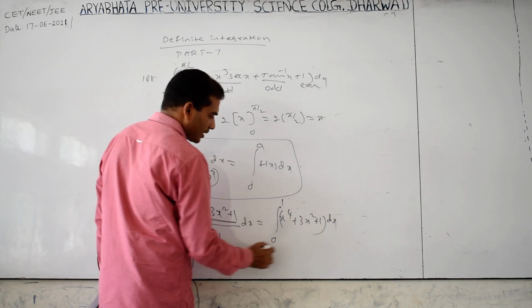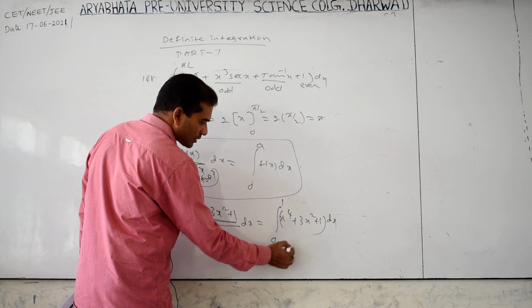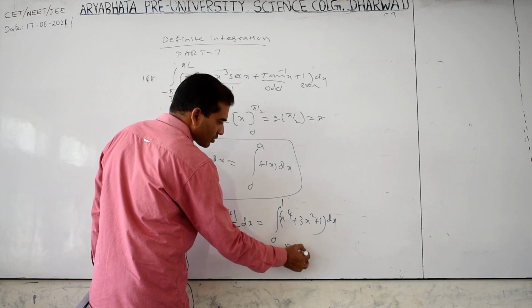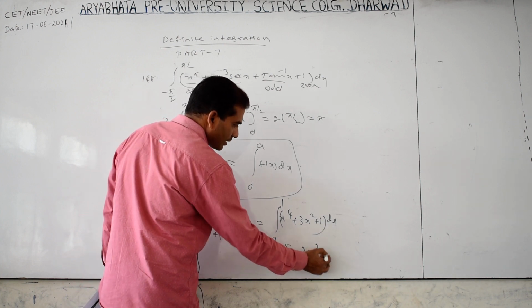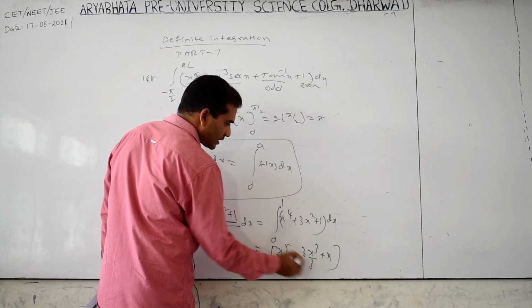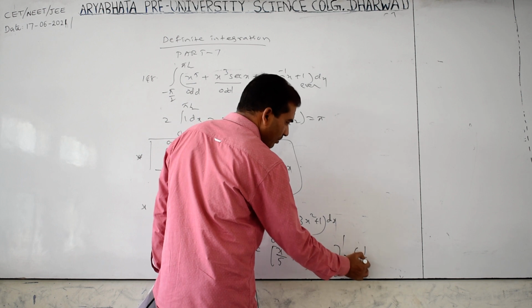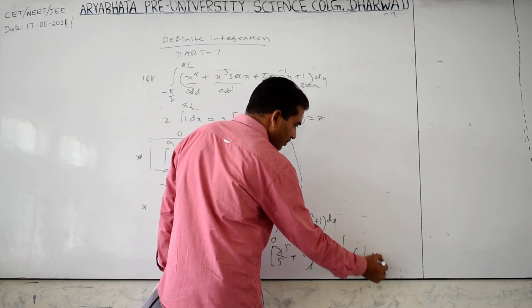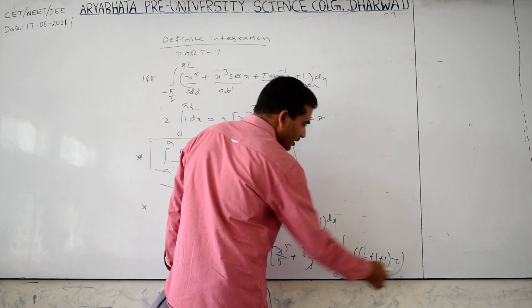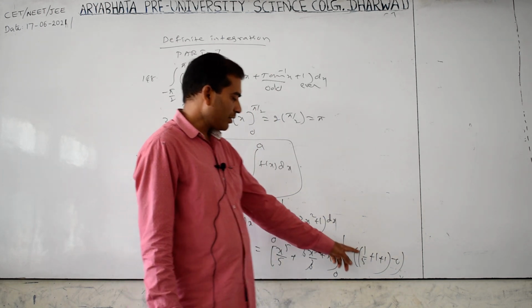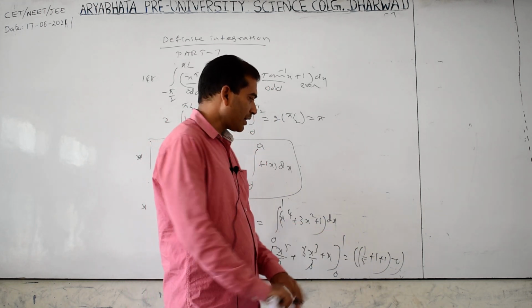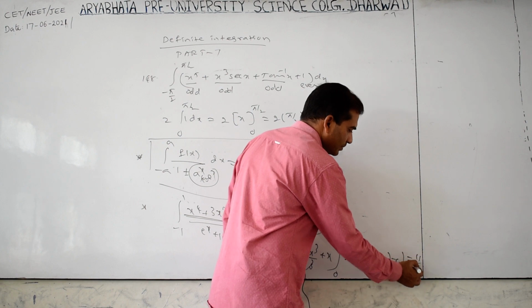A shortcut here. X power 4 integrates to x power 5 by 5, 3x square integrates to 3x cube by 3, plus 1 integrates to x, limits 0 to 1. Upper limit: 1 by 5 plus 1 plus 1. Lower limit is 0. Okay, 1 plus 2, that is 10 plus 1, so 11 by 5 is the answer.